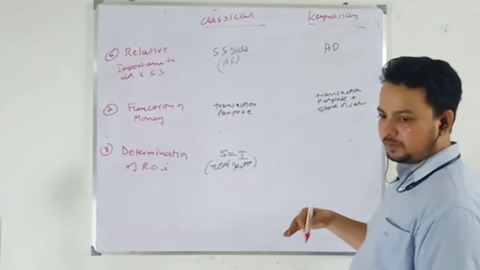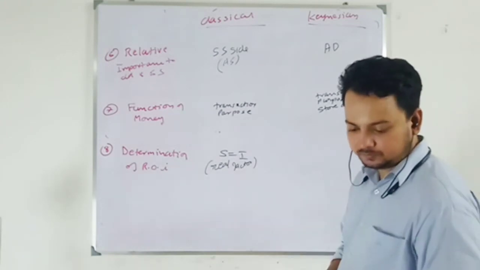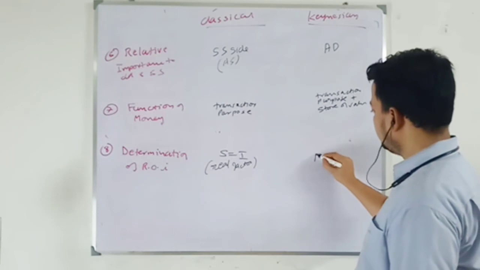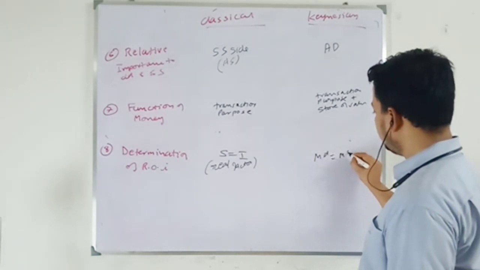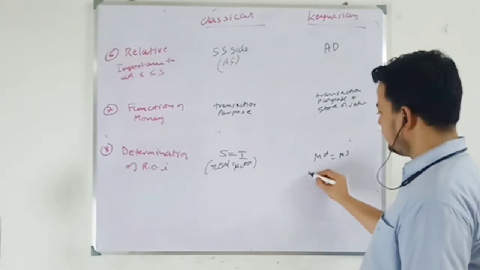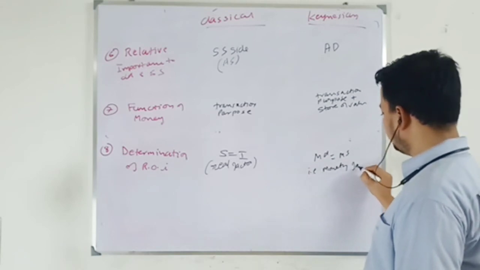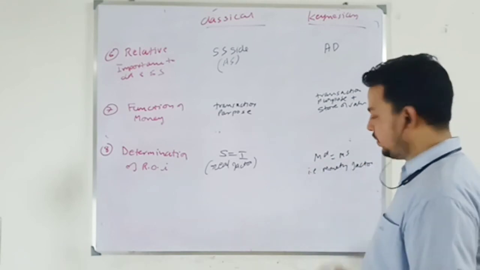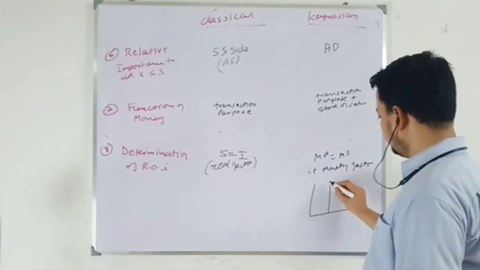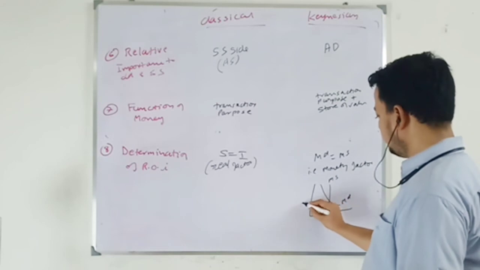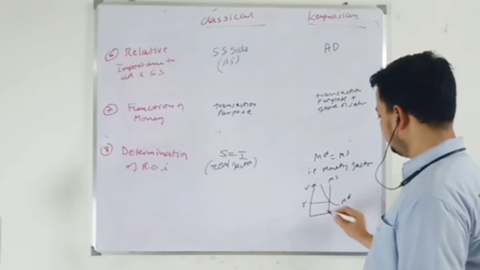Given the money supply, that is determined by the monetary authority, money demand equal to money supply, that is a monetary factor, determines your equilibrium rate of interest. This is money supply, this is money demand, they determine your equilibrium rate of interest.